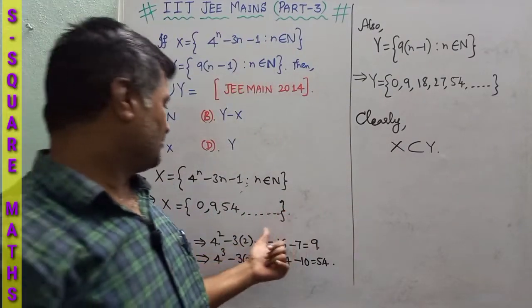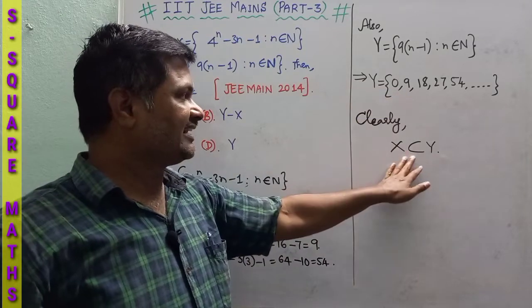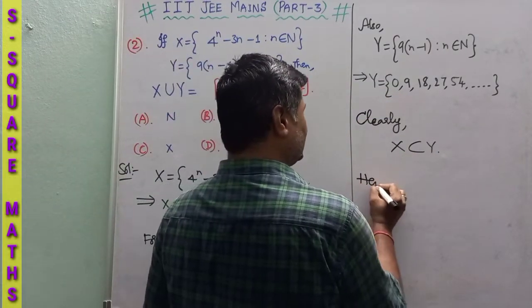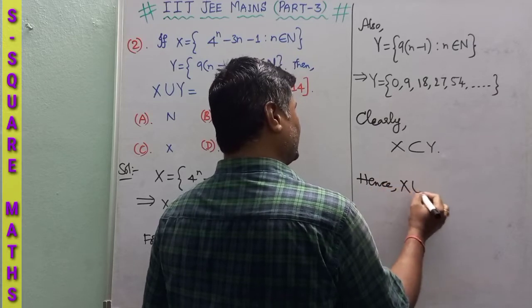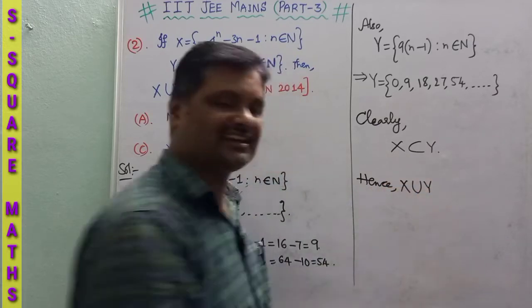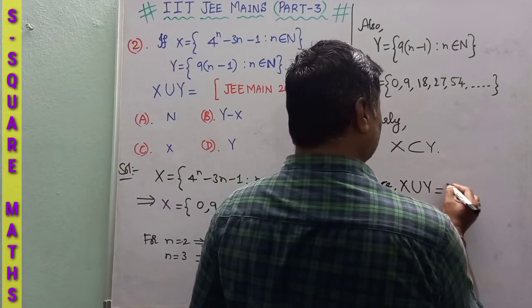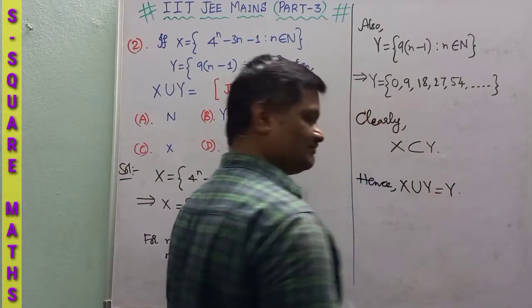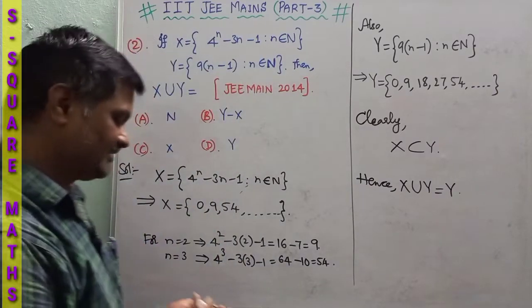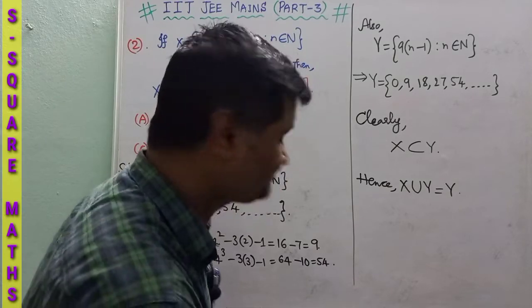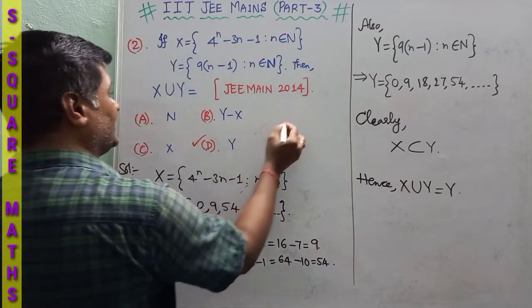So here by observation, x is a subset of y. So hence I can say that if you are considering the union of the two sets x and y, here x union y, nothing but you are going to get y. Okay. So y, according to our options, is nothing but the D option. So D option.